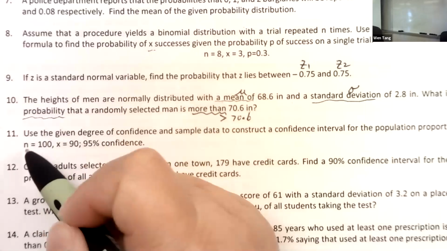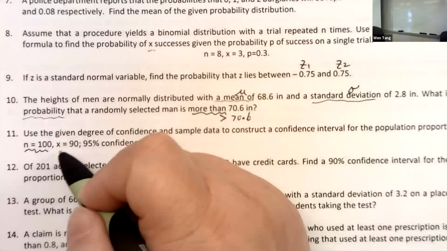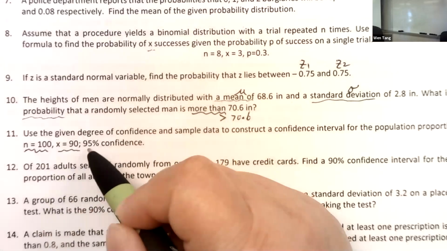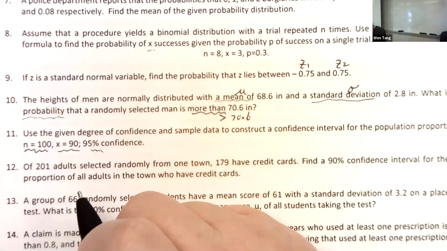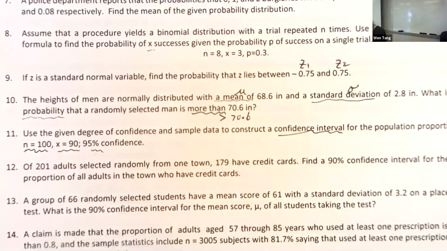It tells you n is 100. And we also know the x value. And we also have the confidence level, 95%. Okay, we only need to construct a confidence interval for the proportion. We want to construct the confidence interval for P.